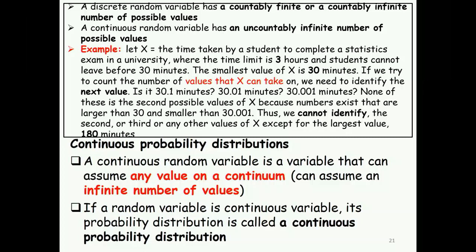There are so many possibilities, and we couldn't answer the question. The only things that we could answer for certain are 30 and the last one, 180. But the second one, the third one, the fourth one, we don't know, because numbers exist that are larger than 30 and smaller than this one. Thus, we cannot identify the second or third or any other value except the last one.